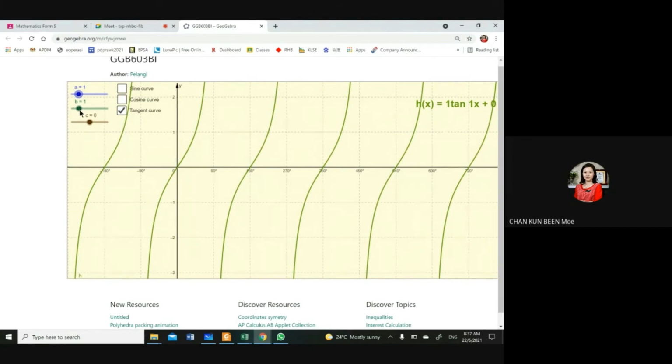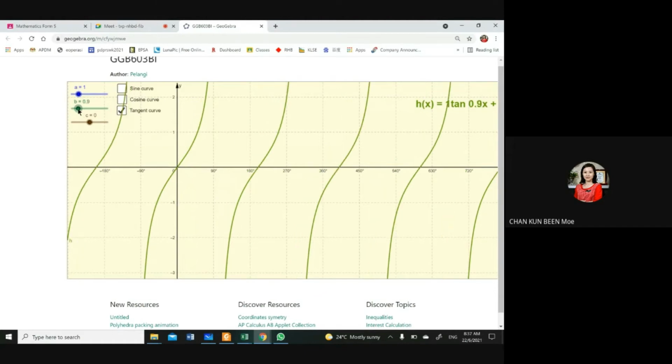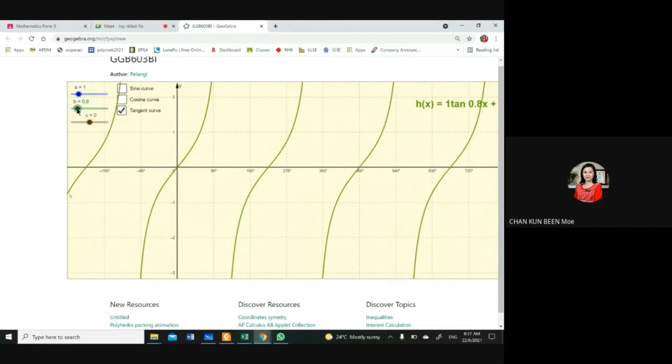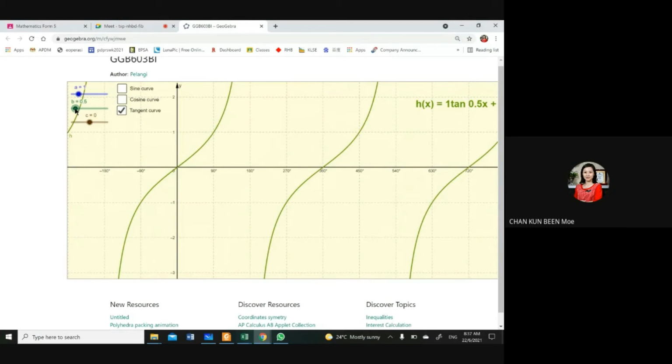The B becomes 0.5. You see, this one is the original one. If I change the B to 0.5, what will happen? Can you see? When it's 1, the period, remember, is 180, right? So right now, the period is 360. You see the graph? The complete period starts from 360.